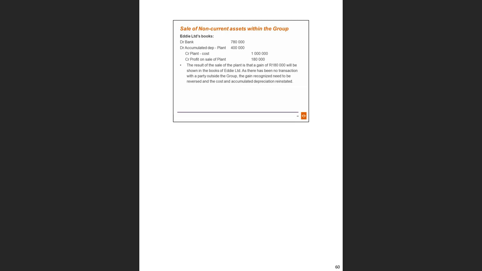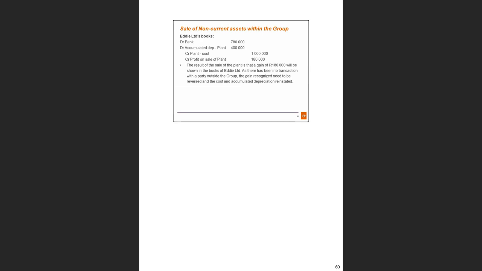Now that it's sold that item of plant, it needs to reverse the accumulated depreciation. So we're going to debit accumulated depreciation plant, and then we're going to credit plant cost of 1 million. So Eddie paid 1 million for this item of PPE. Now it's going to reverse the cost in its books. Okay, so the net effect of reversing accumulated depreciation and reversing plant, this essentially shows the carrying amount.